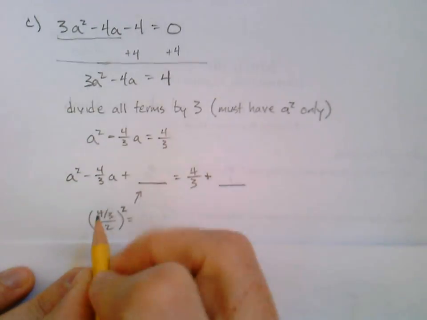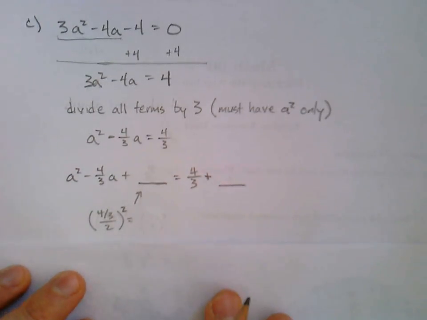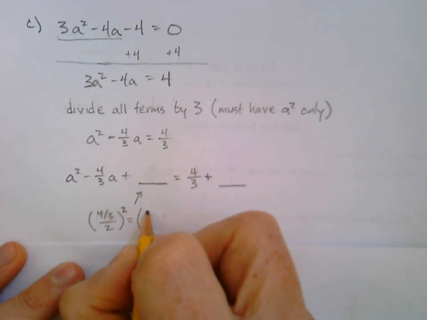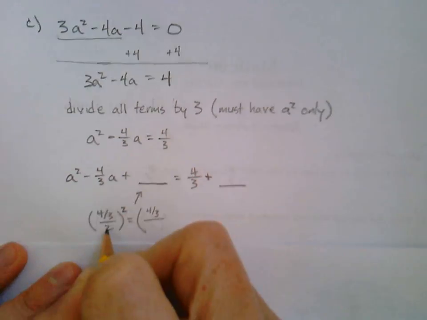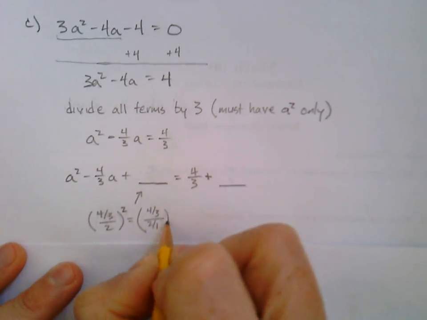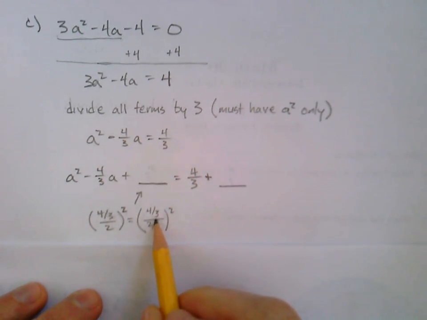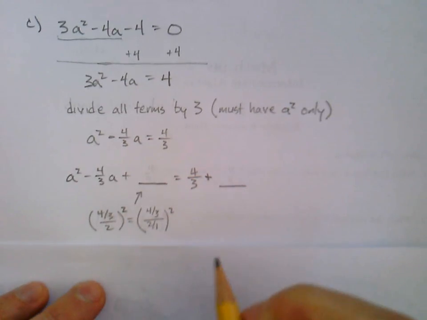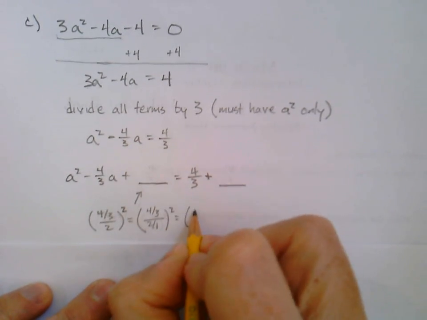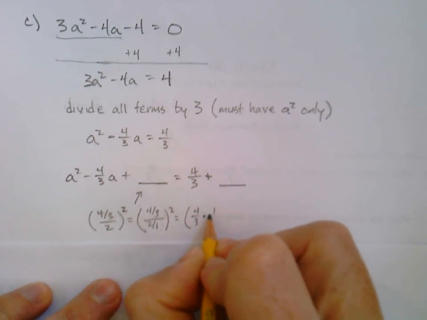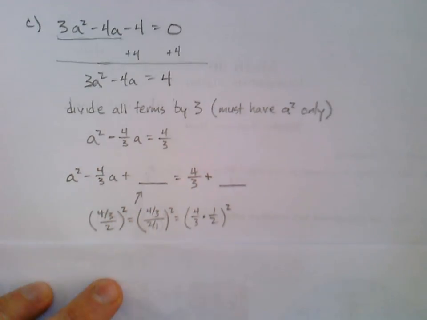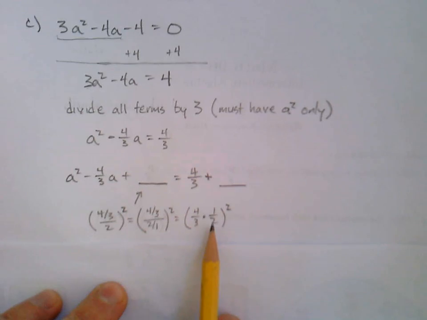You would say, okay, I'm going to think of this like it's 4 over 3 and the 2 as 2 over 1. Then, when I'm dividing by a fraction, I can flip it and it becomes multiplying. So 4 over 3 times, flip that, 1 over 2.